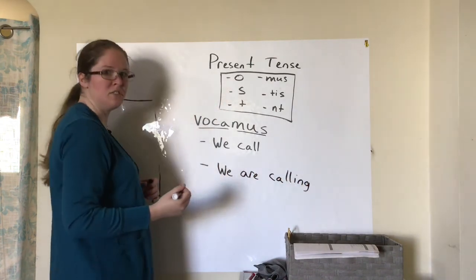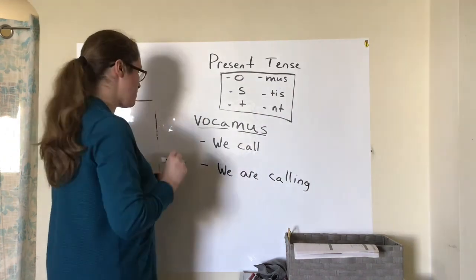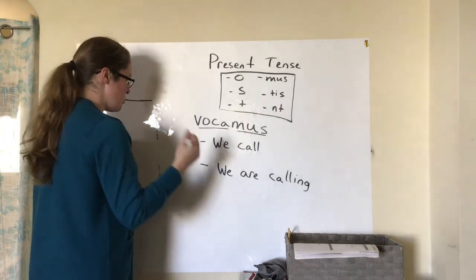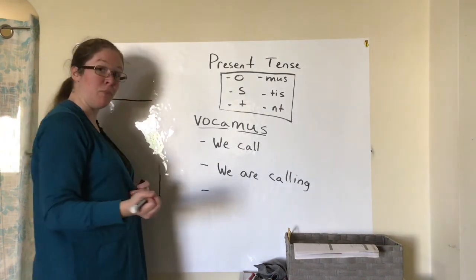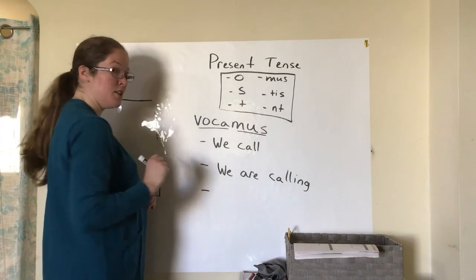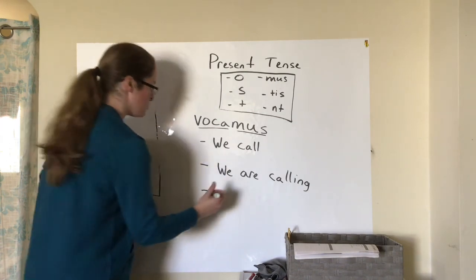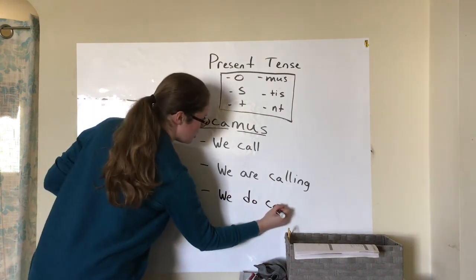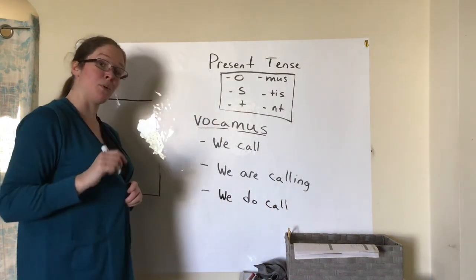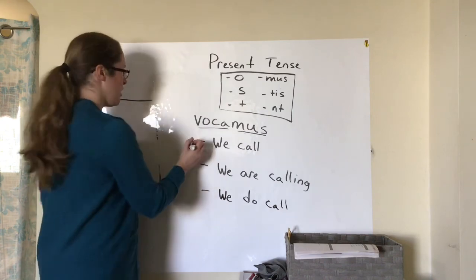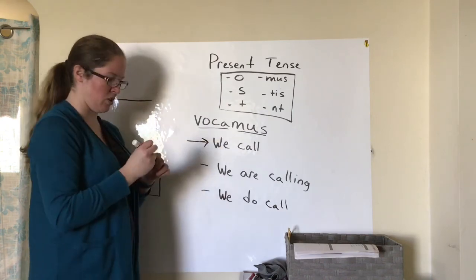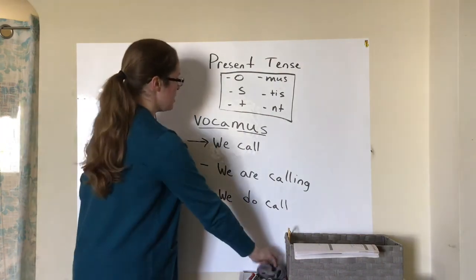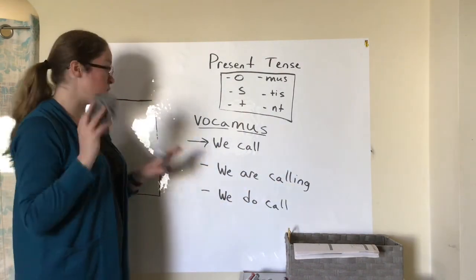Not just we calling, that's a little too slang for me. We are calling. And then the third one also uses a helping verb, but it's a different helping verb, and there's no more ing. We do call. And which one is our preferred version? The first one, the simple present, we call.